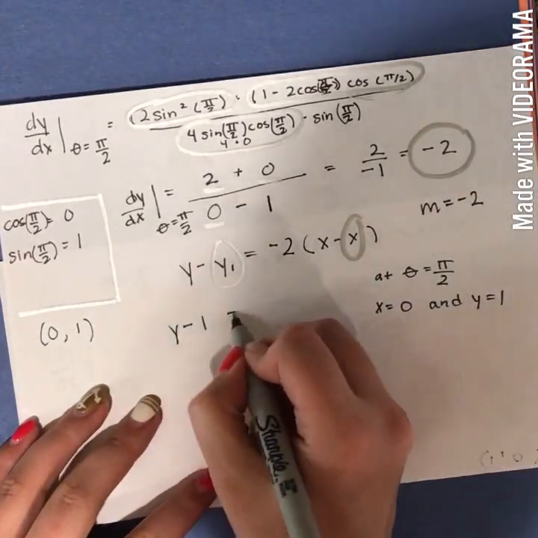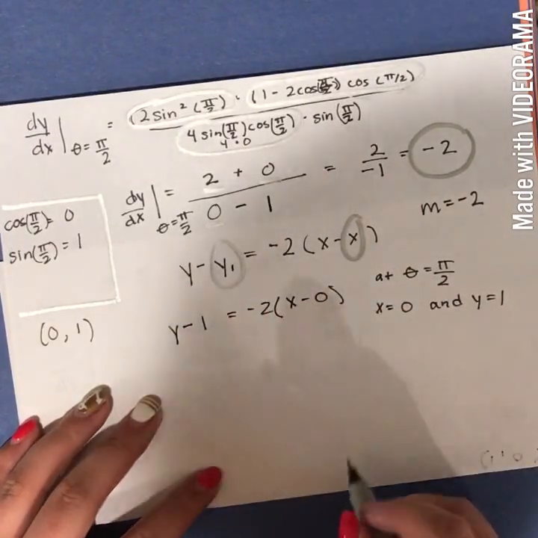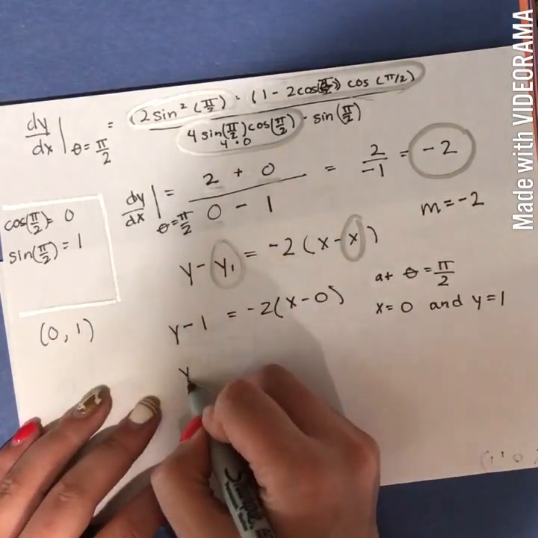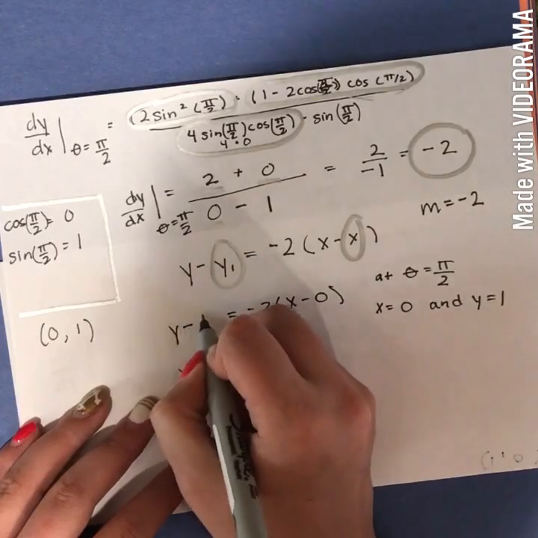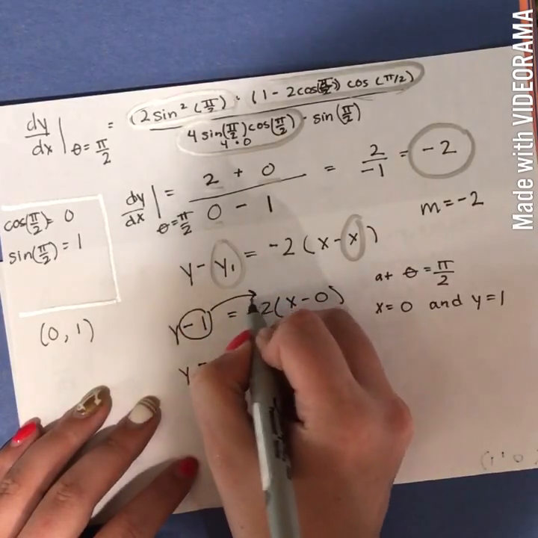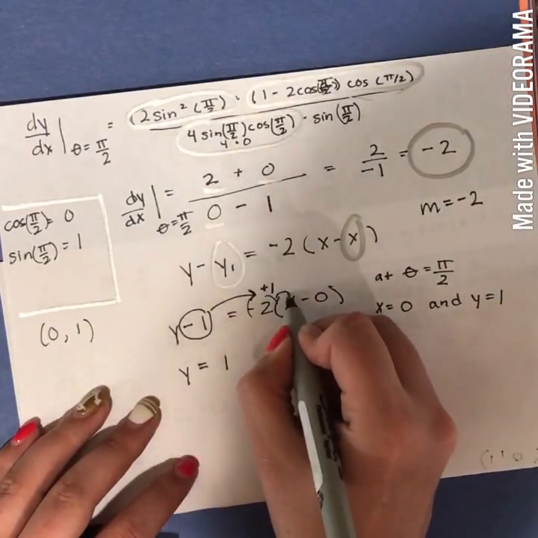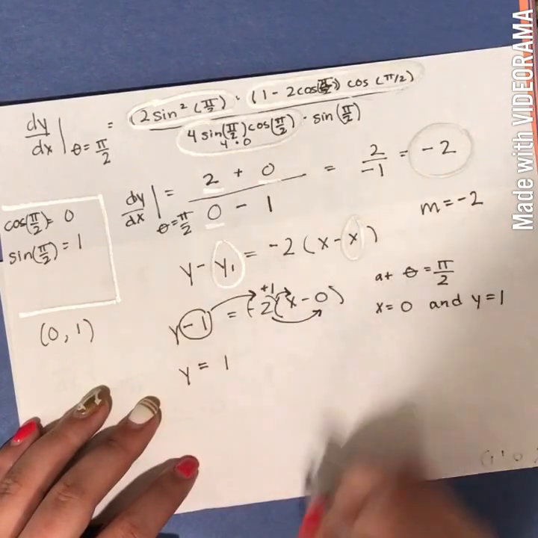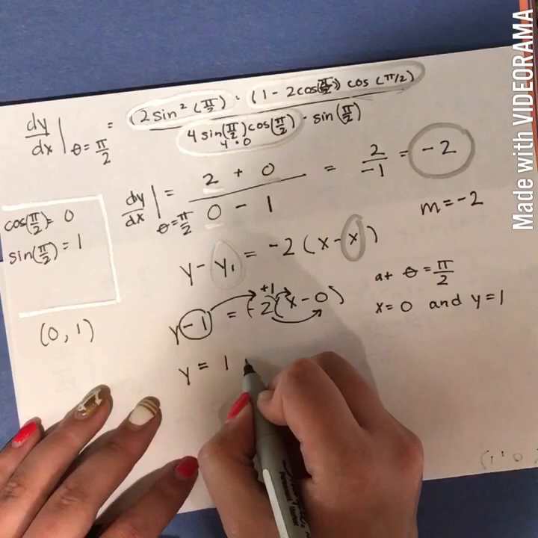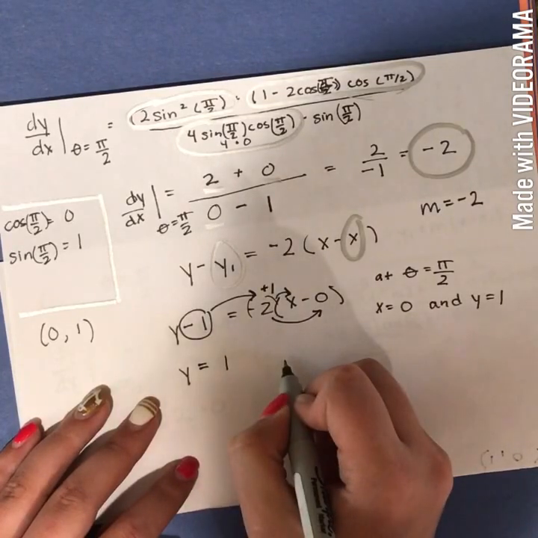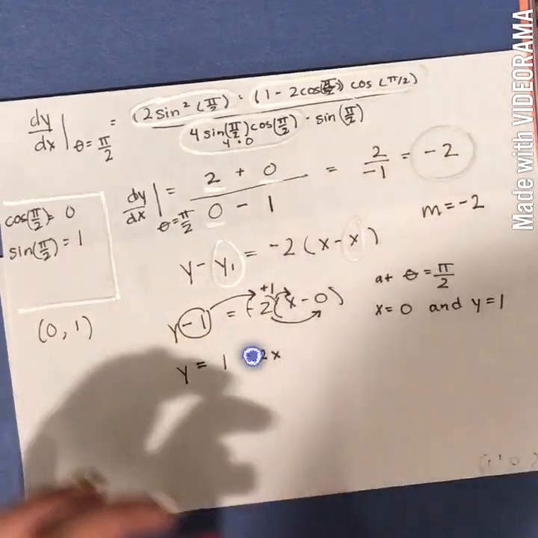So y minus 1 equals negative 2 times x minus 0. We're going to rewrite this, and we're going to say y equals 1, because we added this to this side. We're just going to distribute the negative 2 in here, and technically to here, we know that's going to be 0, and so it's going to be 1 minus 2x.